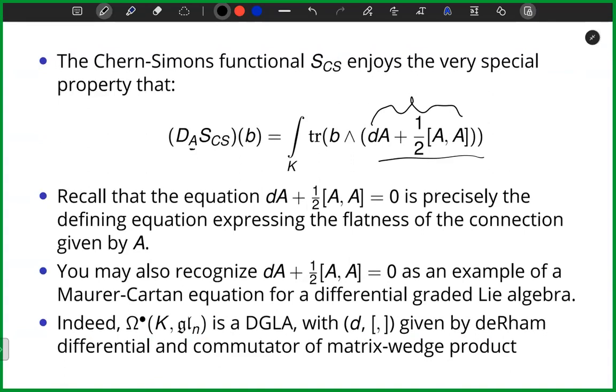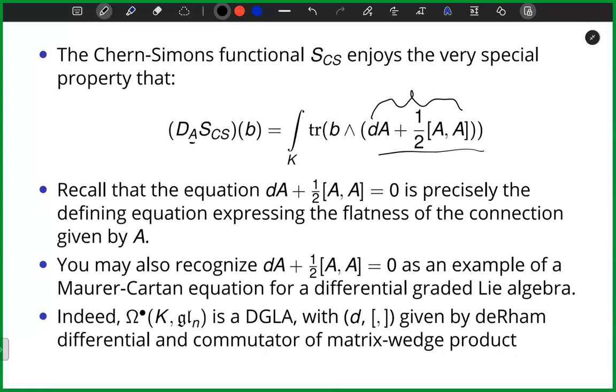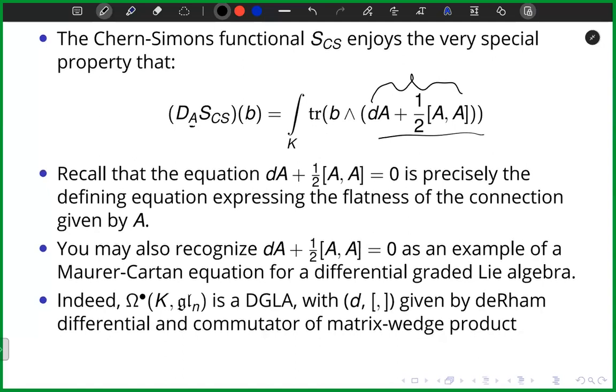But you may also recognize this as an example of a Maurer-Cartan equation for a differential graded Lie algebra. And indeed, it is the Maurer-Cartan equation for this differential graded Lie algebra of matrix forms with the de Rham differential and the commutator of the matrix wedge product.